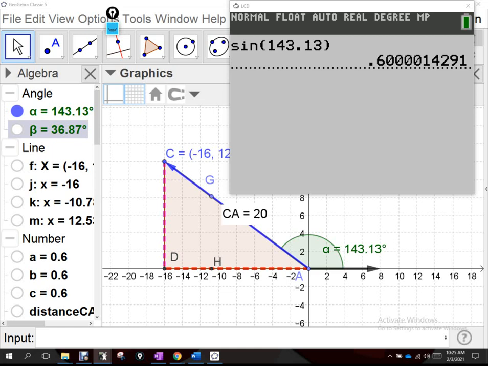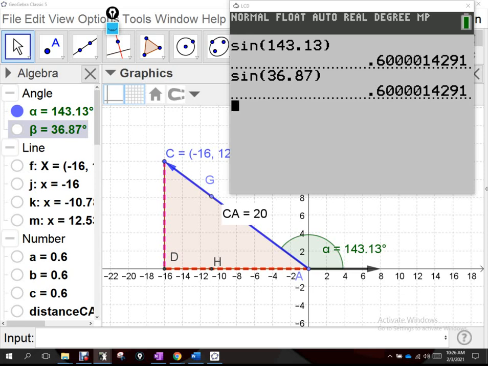If I type in sine of 143.13, now type in the sine of 36.87. In that case, the rounding error is so small that we're precise out to 9 or 10 decimal places here.